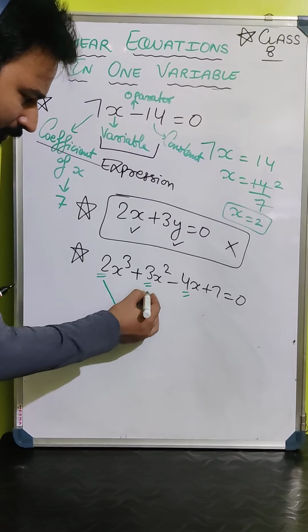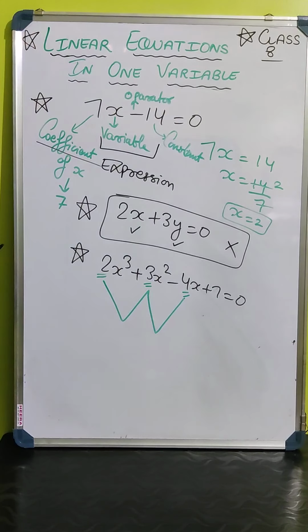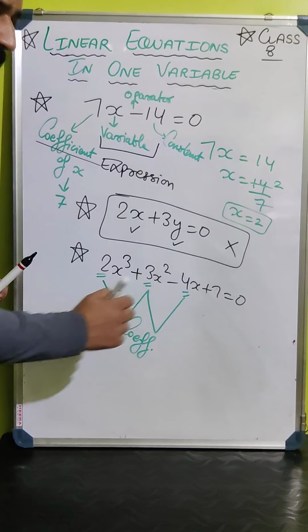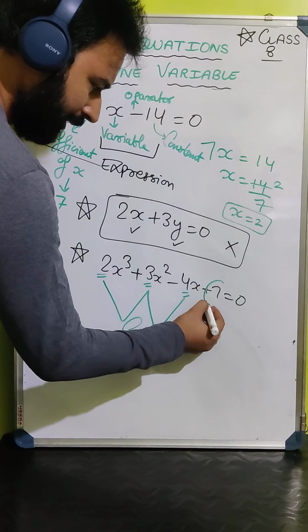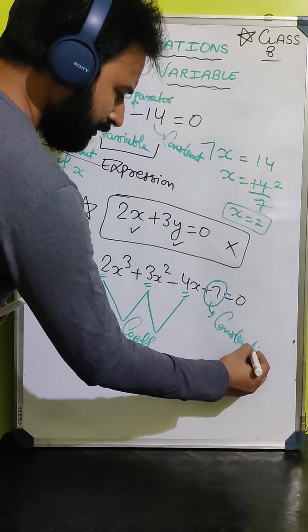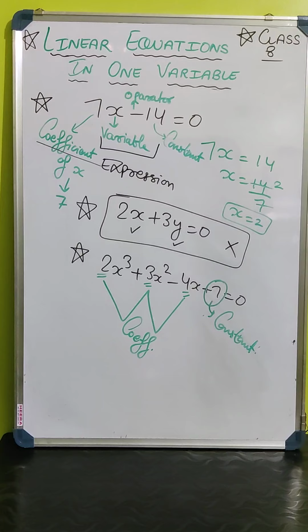But 7 is single here, so this is known as a purely constant value.